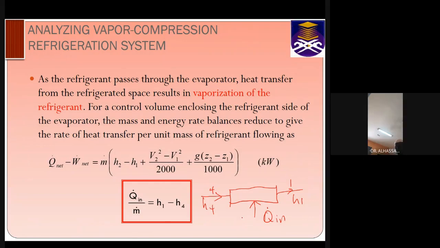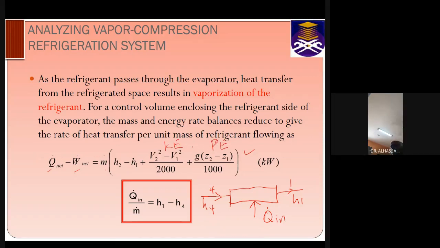From energy balance, the first law of thermodynamics tells us that the net heat added to a system minus the net work should be equal to the mass flow rate times the change in enthalpy between the two states, plus the kinetic energy terms, plus the potential energy terms.